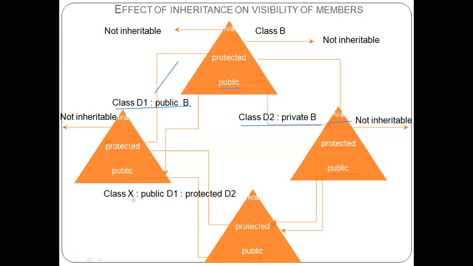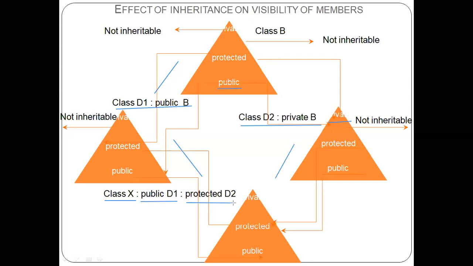Look at the last one. Assume that this particular class is class X, and class X is going to inherit data from both of these classes, D1 and D2. With respect to D1, it accesses all the data with the help of public access specifier mode, and with respect to D2, it accesses with the help of protected access specifier mode.